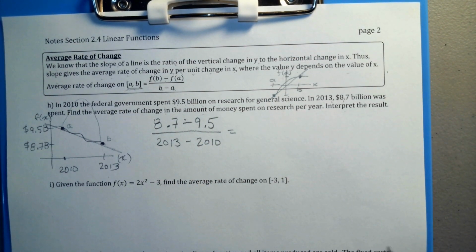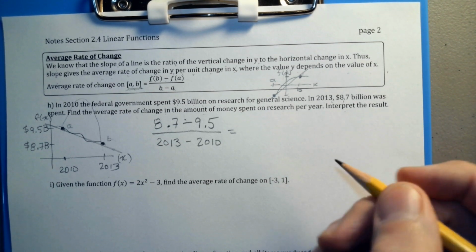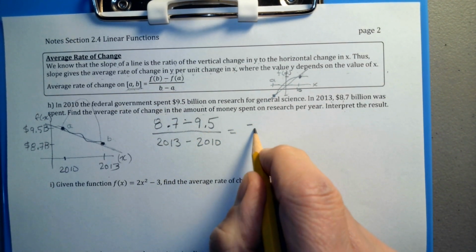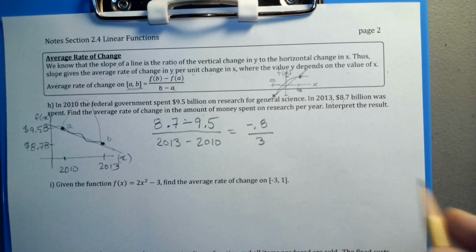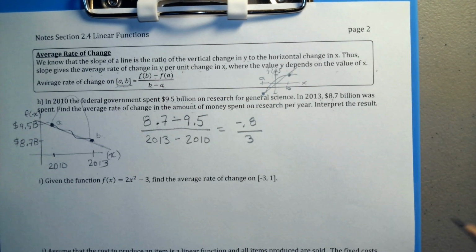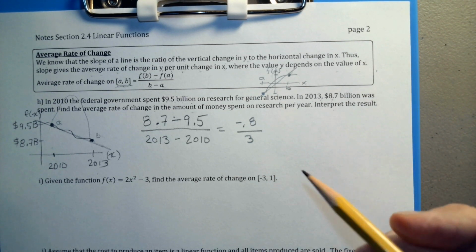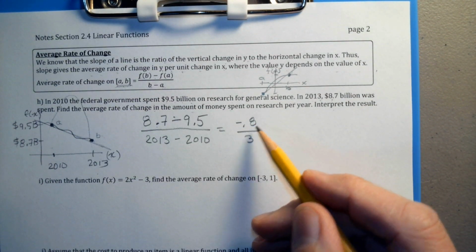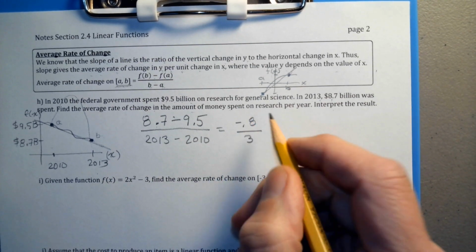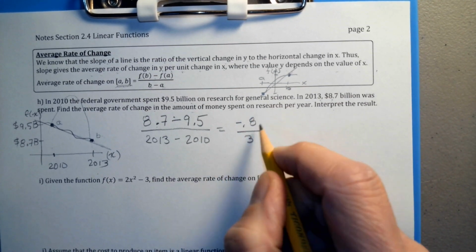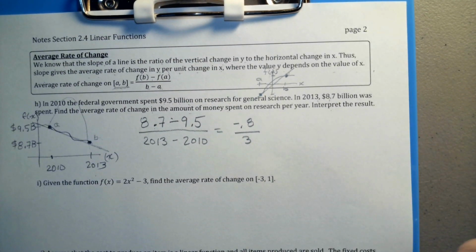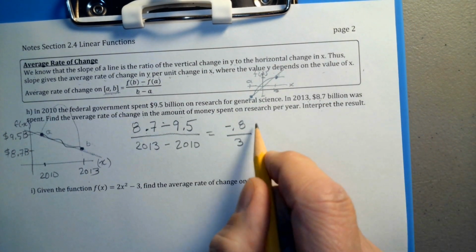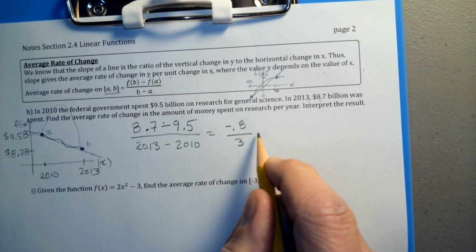When we subtract these, we'll get negative 0.8 over 3, and that is our average rate of change. But remember, this is in billions of dollars. So let's take our calculators out and divide that, and then we'll convert that to maybe millions per year, the average rate of change per year.